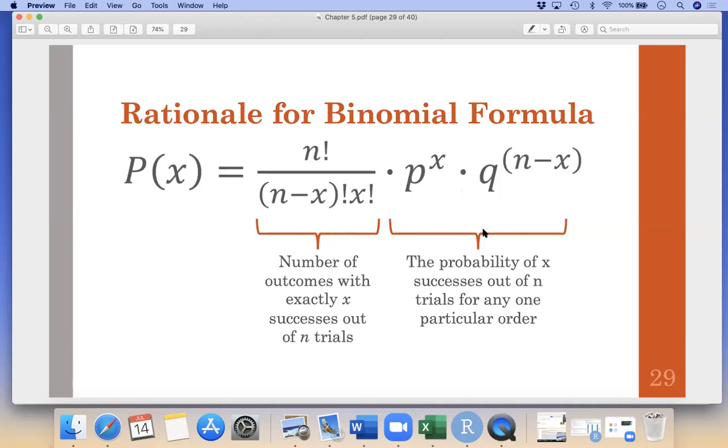Then using the last two parts, p^x times q^(n minus x), we can find the probability of x successes out of n trials for any one particular order, okay? So that is the second part. This is the rationale or logic behind the formula, but you don't need to think about it too much. If you know the formula, just apply values, then you can find the probability value. But this is the meaning behind this formula.